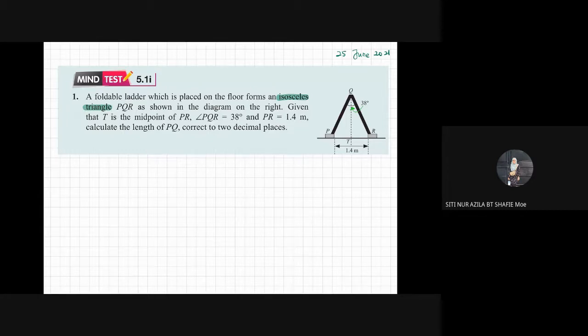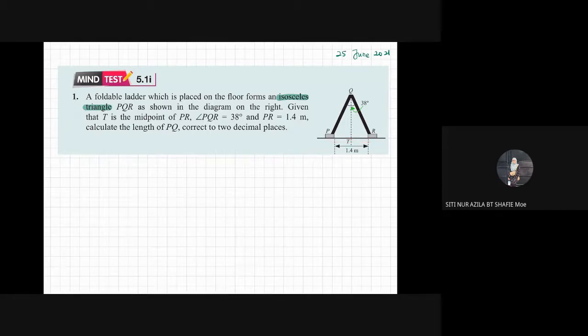Given that T is the midpoint of PR, and angle PQR is equal to 38 degree, and the length of PR is equal to 1.5 meter. Calculate the length of PQ correct to 2 decimal places.